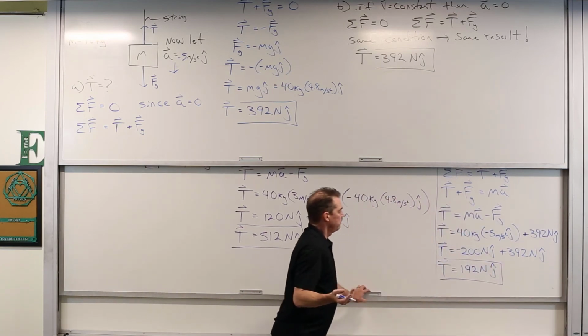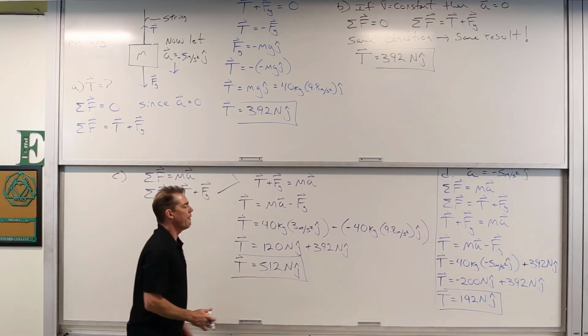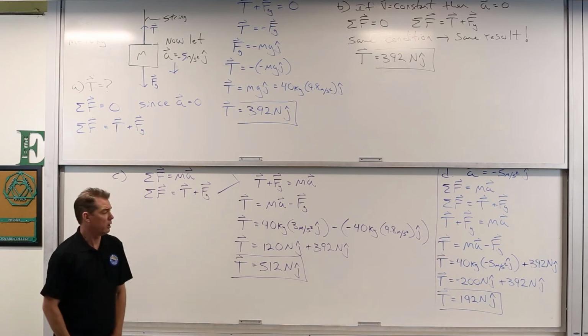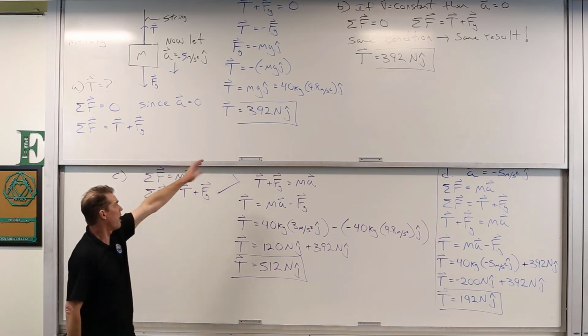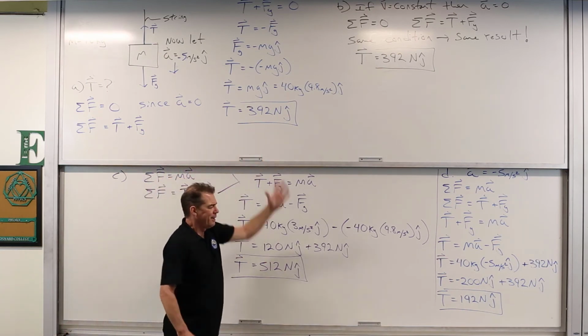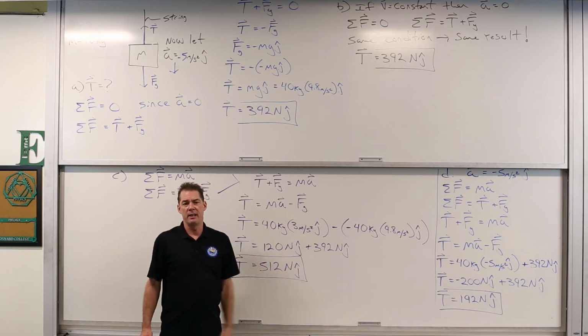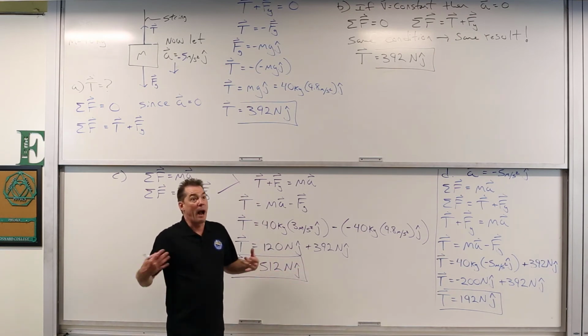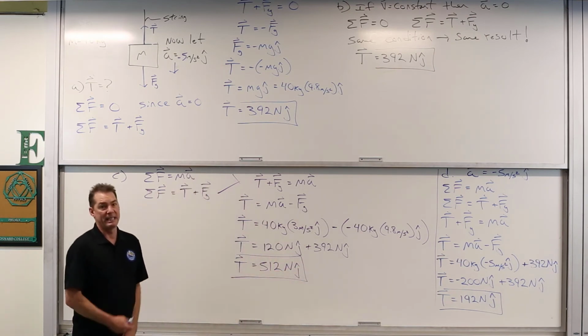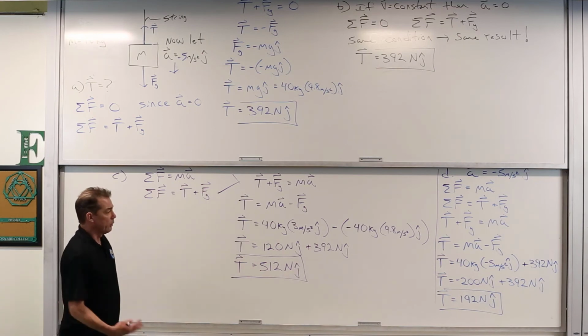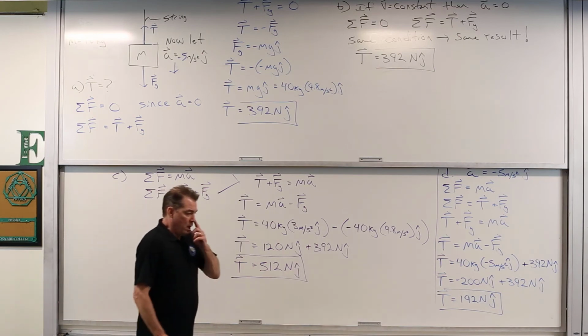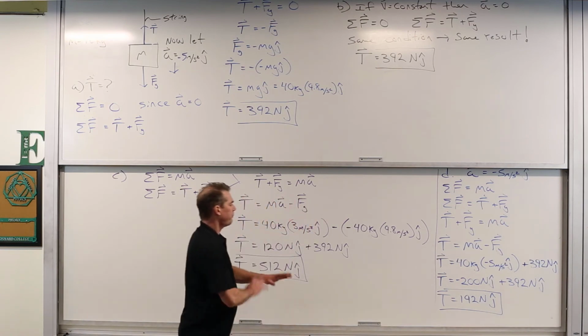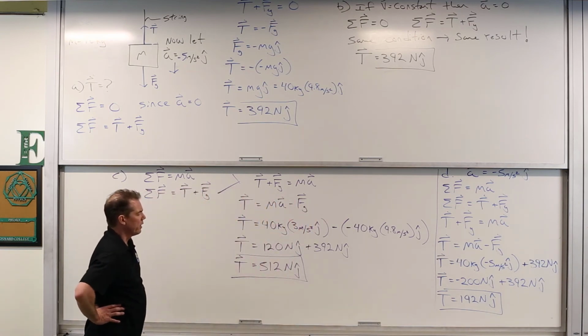So now the force of tension doesn't have to exert such a great force. It doesn't have to bear the entire object's weight of 392 newtons. It only has to do a fractional value of that, because we're letting gravity do some of the pulling down, allowing the object to accelerate downward. So that's pretty much what we've got going on here.